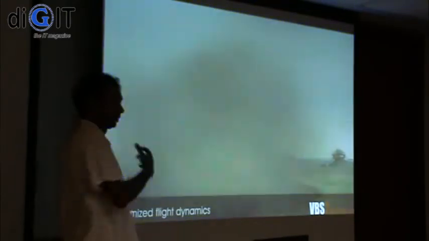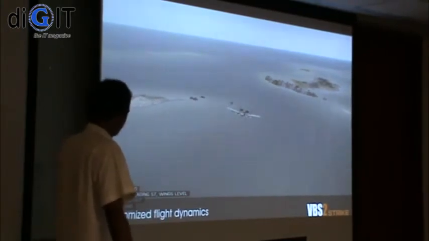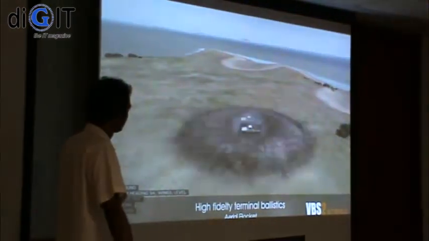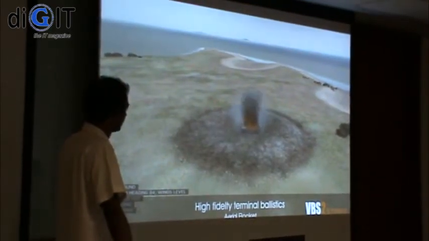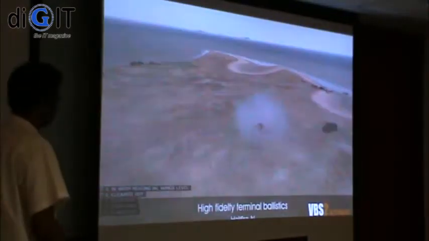So all the AI is outside, and we're just using VBS2 as an image generator. These graphics are not ours, but the actual actions happening are all software that we wrote, including these particle effects, the explosions, all that, done by us.